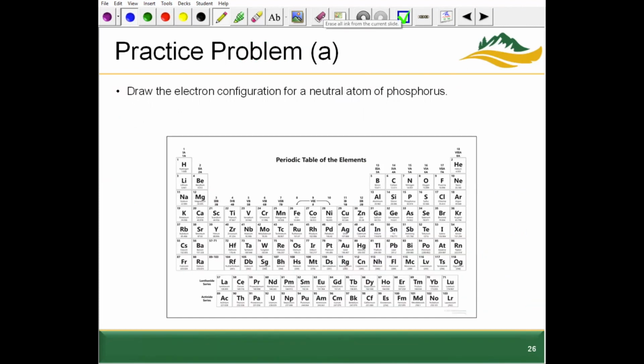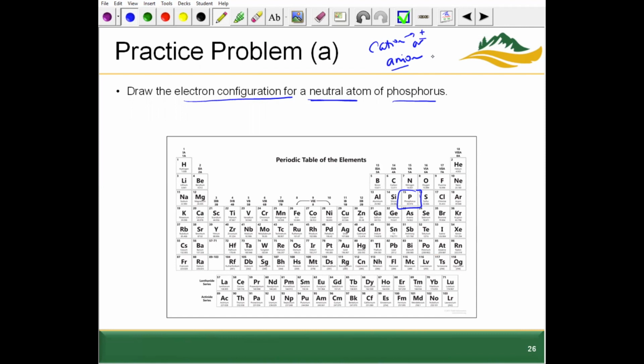Let's try this practice problem where we draw out the electron configuration for the neutral atom of phosphorus. We are specifying this is a neutral atom because if this were a cation or an anion, the cation is positively charged, it's lost one of its electrons.